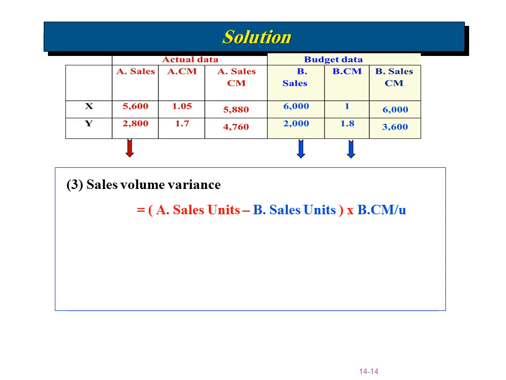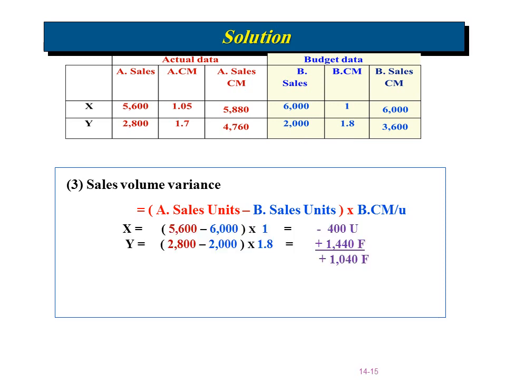For example, for X, units actually for X 5,600 minus 6,000 times 1. And for Y, 2,800 minus 2,000 times 1.8. And then calculate the total sales volume variance. Here the total sales volume is 1,040.